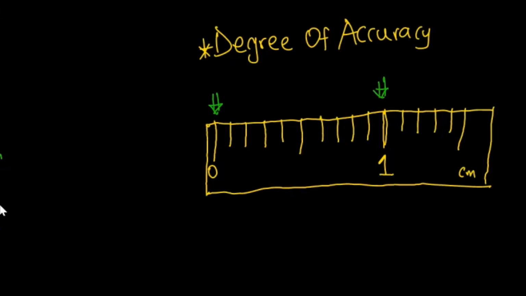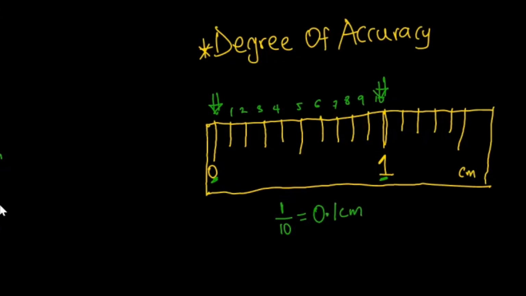If you look at 0 and 1, from 0 to 1, we have 1, 2, 3, 4, 5, 6, 7, 8, 9, and this one is 10. So from 0 to 1, there are 10 smaller subunits. So that's 1 divided by 10. This will give us 0.1 centimeter.